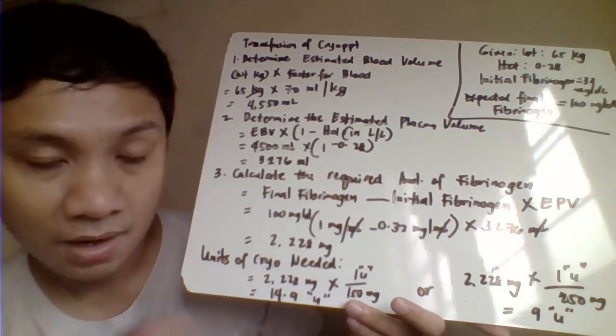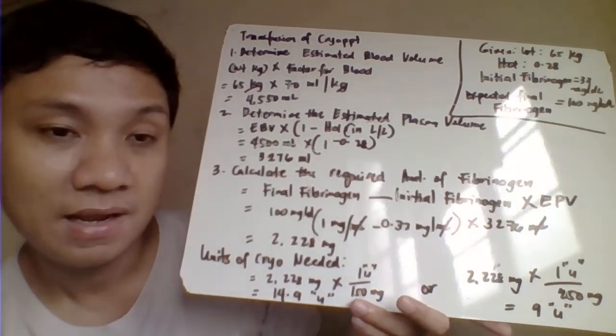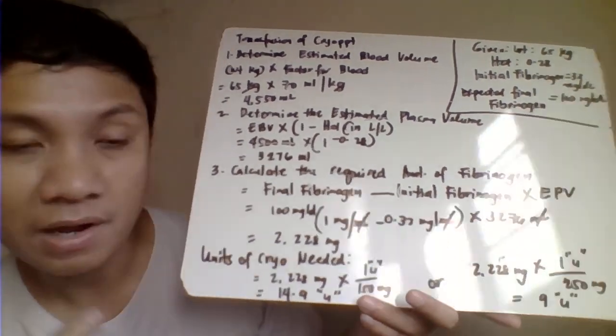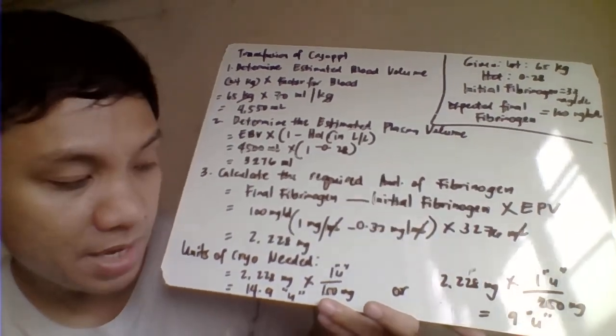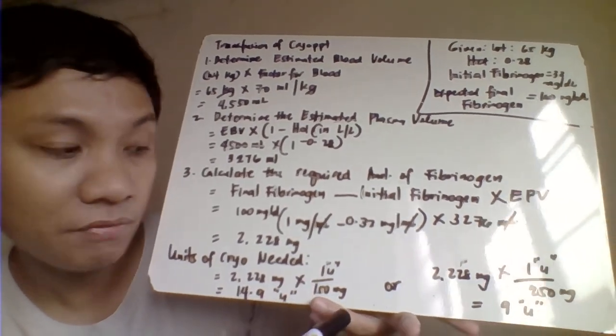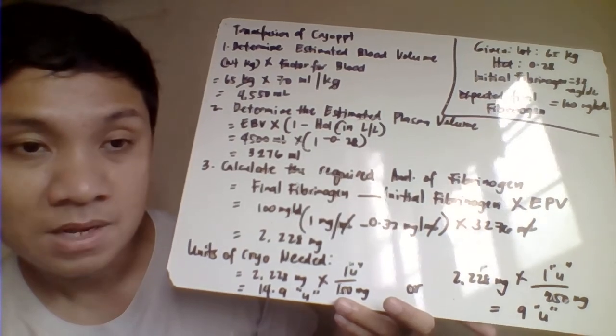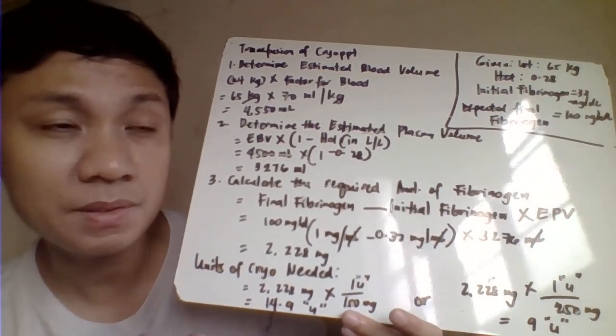How many vials are you going to give to the patient? Maybe one vial could be 150 milligrams, the other one 250 milligrams, or rather one cryoprecipitate unit, sorry, not vial.